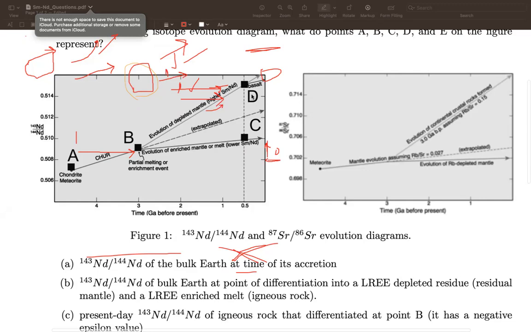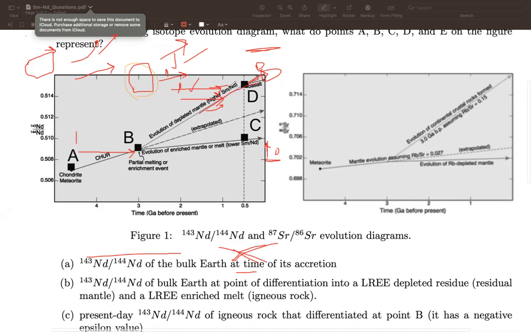There is a little problem in giving this name here. So this D should be here actually. It is the point where this line hits the 0 Ga axis, right? Remember this line continued. You can extrapolate it up.